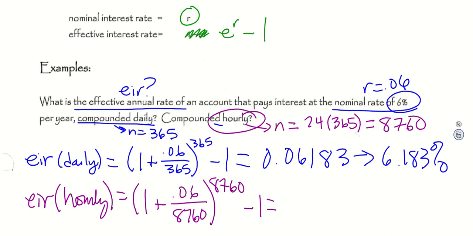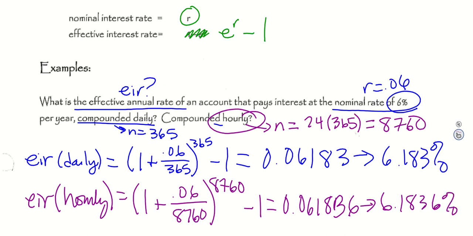So we work that out and we get 0.061836, which is 6.1836%. So you can see these are actually very close. They differ only in this place. So continuously we do get more overall in the end, but not that much more, just a little bit more.